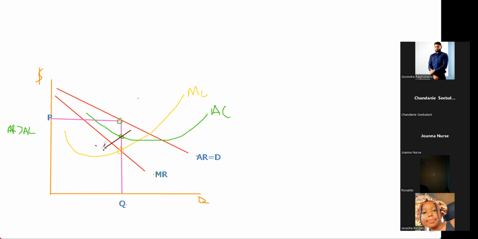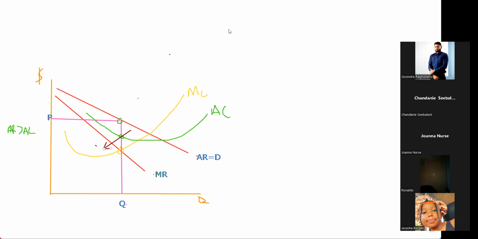You understand why they're shifting in? Because other firms are going to enter the market, and the current firm will not be facing a demand curve like this here. It will be facing a demand curve that has diminished. It gets smaller, right?